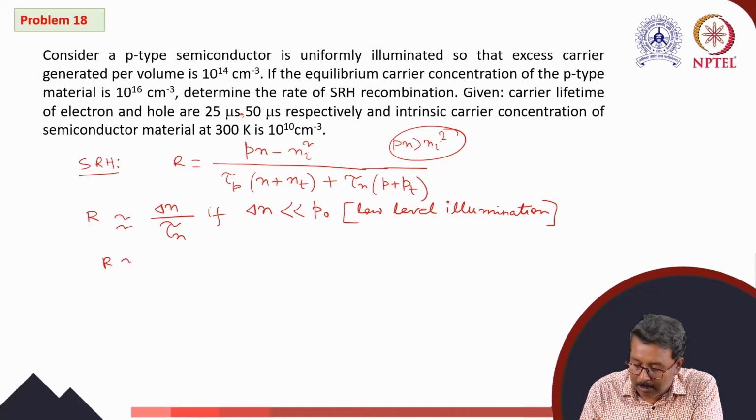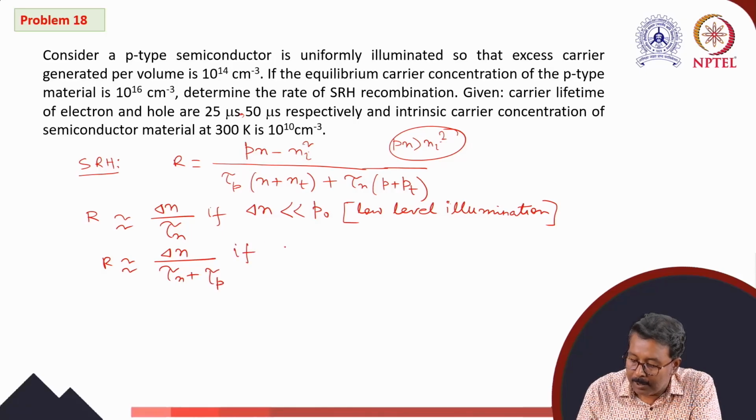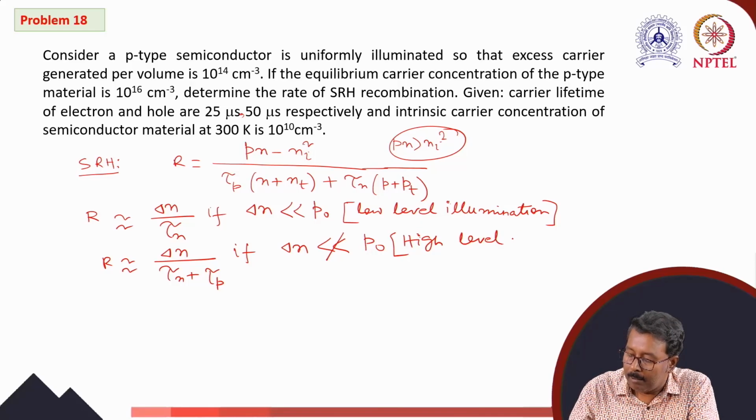And R is almost equal to delta n by tau n plus tau p if delta n is not much less than P0, that is high level illumination.